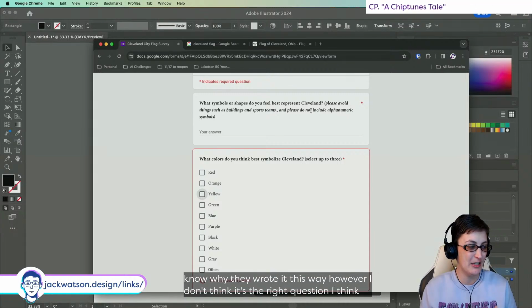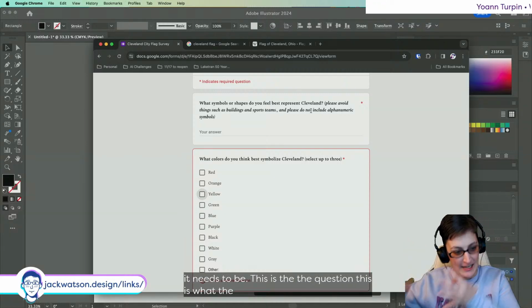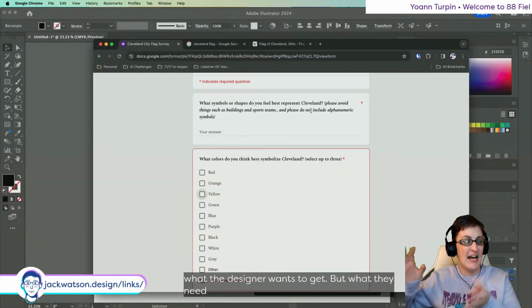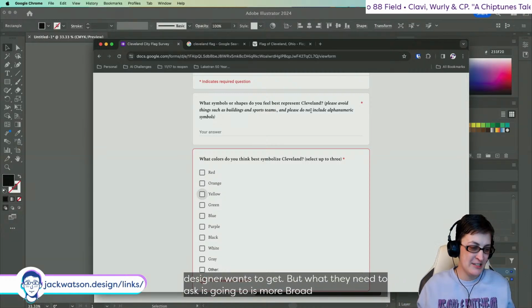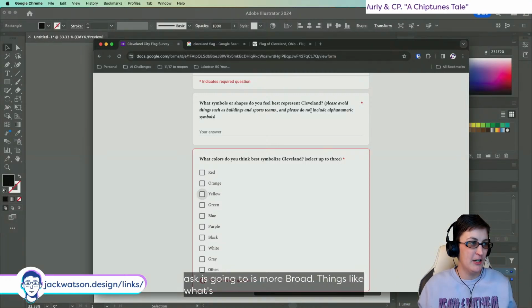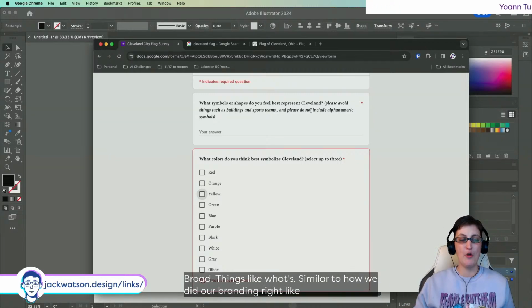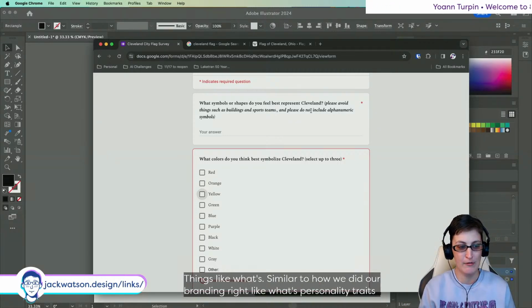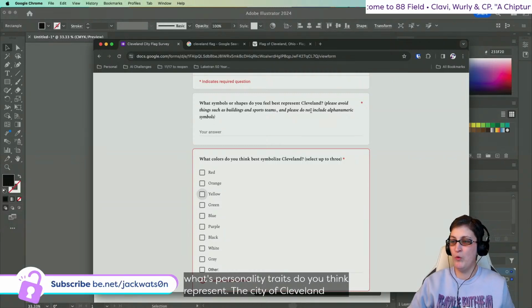This is what the designer wants to get, but what they need to ask is more broad. Similar to how we did our branding, right? Like, what personality traits do you think represent the city of Cleveland?